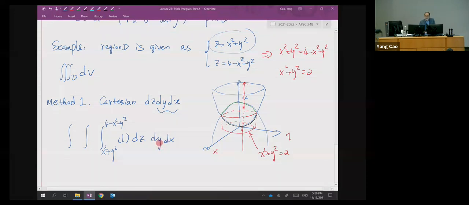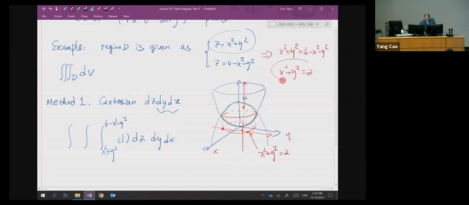The limits for Y and X are based on the shadow. So here's the shadow here, right? Since you're doing Y first, you draw an arrow line across the shadow in the Y-axis direction. First contact gives you Y min, second contact gives you the Y max. So Y min is at the bottom half of the circle, Y max is in the top half of the circle.